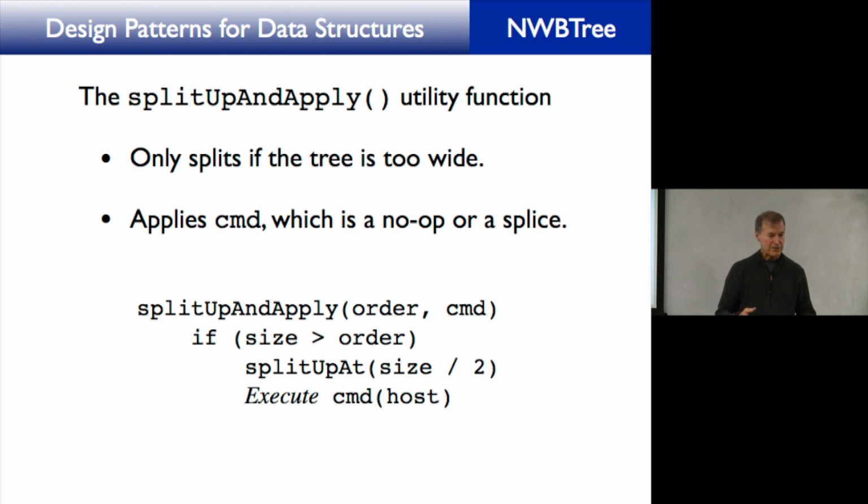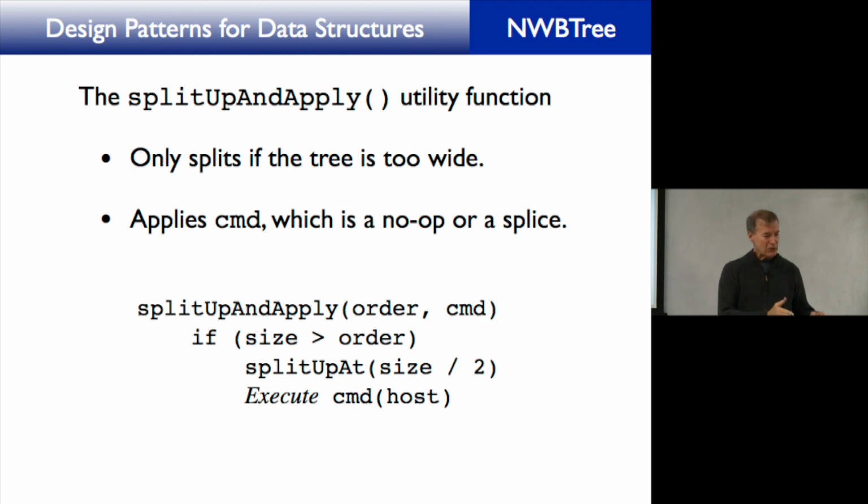It's a fix-up operation. So look, it's a simple if statement. If size is greater than order, that means the node is too big. And so where do you split it up at? The middle.